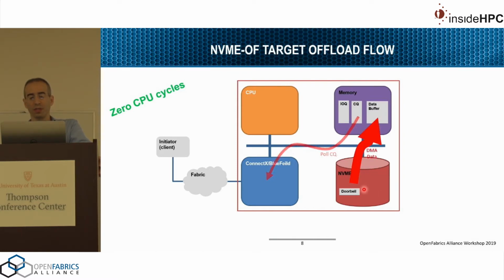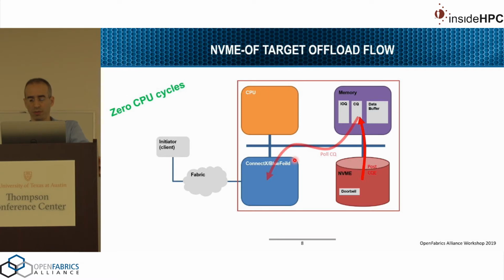Once the NVMe gets the submission queue entry, it sees that it is a read. It performs a DMA write into the host memory, into the designated buffer, writing the data that was requested to be read. And it completes by filling a completion queue entry for that submission queue entry of the read request.